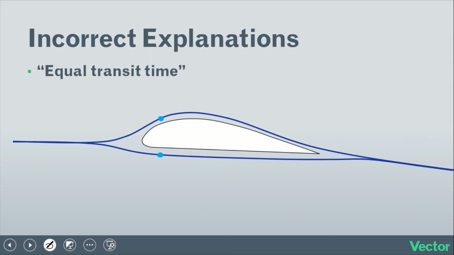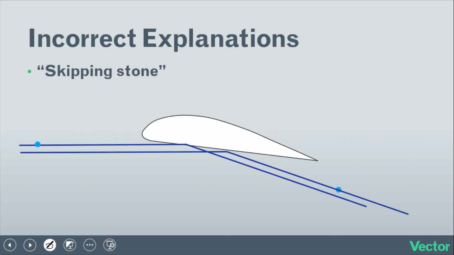The air does not move faster over the upper surface because it has a greater distance to travel, because there's no reason that these air particles have to meet up at the end, and they do not meet up at the end, in fact. So this is wrong, and it's easily disproven by looking at any wind tunnel test. You could just go on YouTube. Please do not let anyone tell you this.